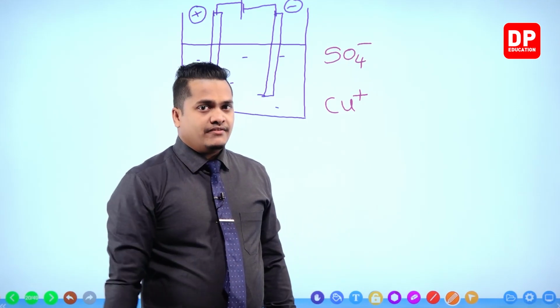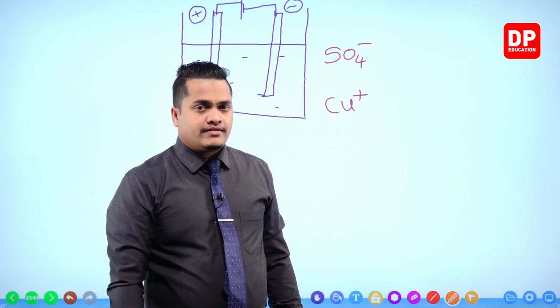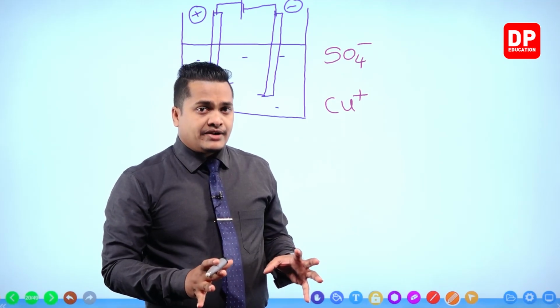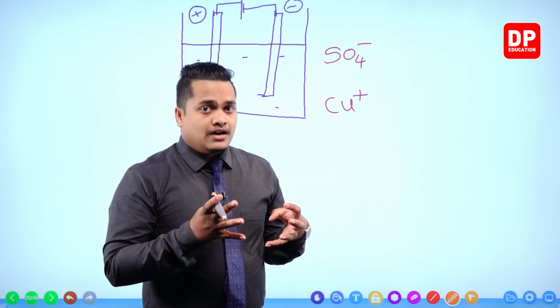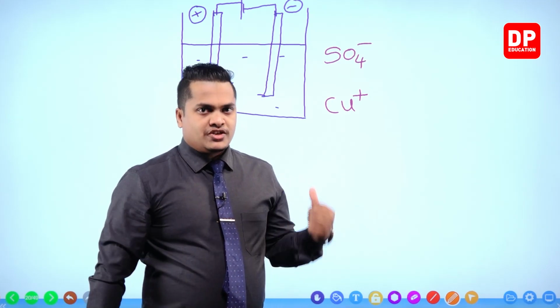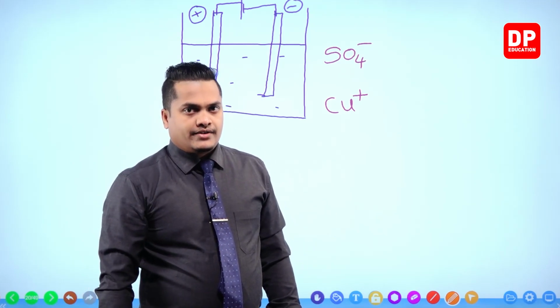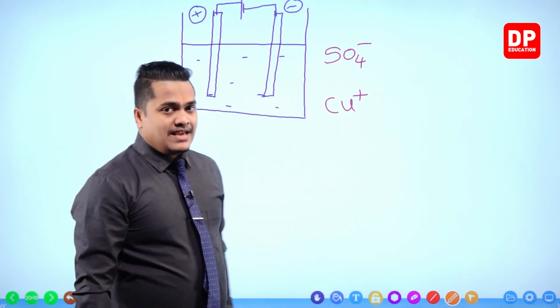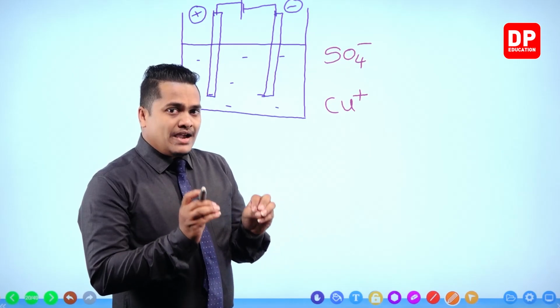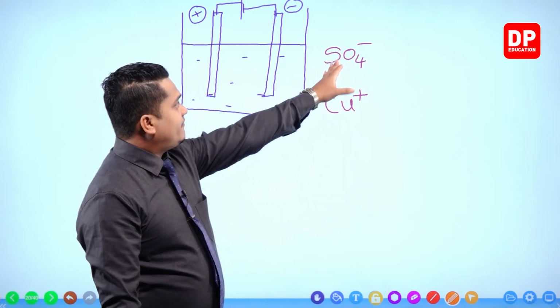We discussed that when I was discussing the conduction of electricity in metals, how a metal conducts electricity. So here copper plus is created by giving electrons to the sulfate group.